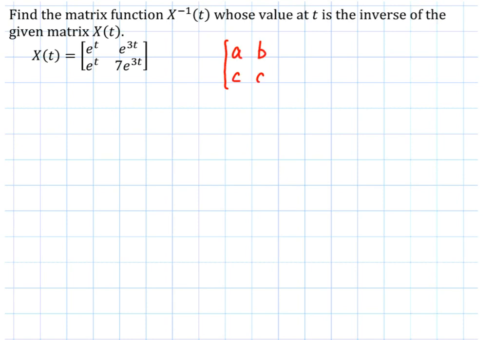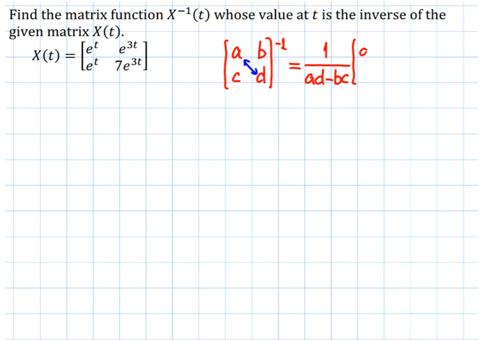So for a 2 by 2 matrix, let's say in this form, it's going to be 1 over AD minus BC. AD minus BC is the determinant. And then A and D, for this 2 and 3, we'll swap places.